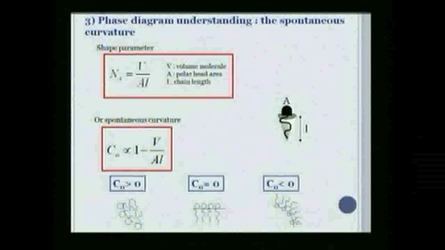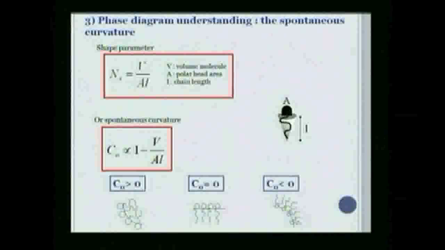Finally, you make a balance between the volume occupied by the hydrophobic part over the area occupied by the polar head. So you compare both, in fact. You make a balance between the hydrophobic part and the hydrophilic head. Okay? And of course, depending on the different surfactants, this shape parameter will vary a lot.